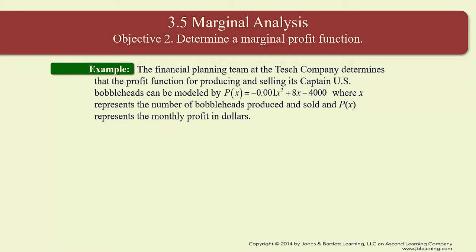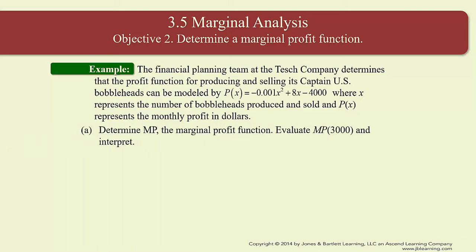So here's another example to write down, get in your notes. A lot of words, but we're going to do two things in this example for this profit model for the number of bobbleheads that are produced and sold. In part A, we're going to determine the marginal profit function.